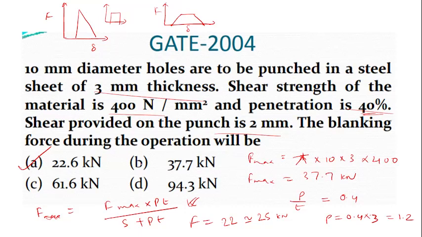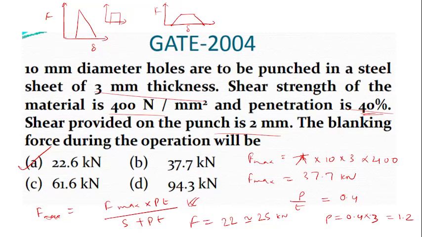Opening it, 14.13 kilonewton is coming, right? Is it? Ma'am, in the formula we have to ignore PT in the denominator because PT is less than the given shear. Wait, but I have calculated with the same formula and I got the answer.